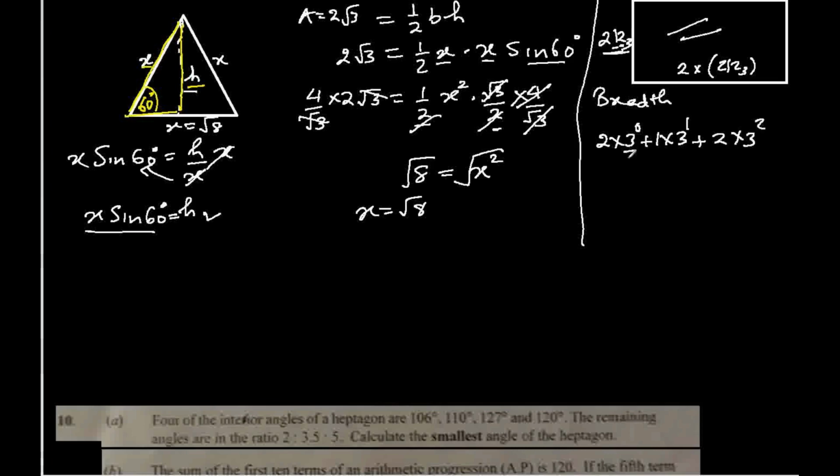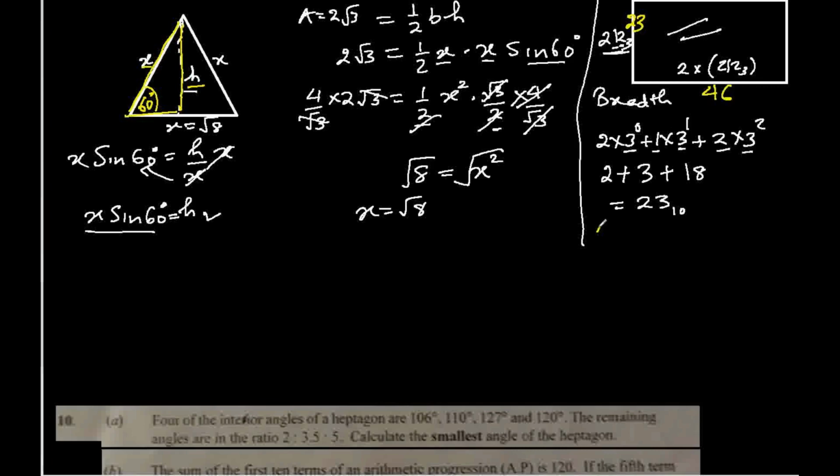So 3 to the power 0 is 1, 2 times 1 is 2. 1 times 3 is 3, plus 3 square is 9 times 2 is 18. So that comes out to be 23 in base 10 decimal. That means our breadth is 23 and length will be 46, double of that.